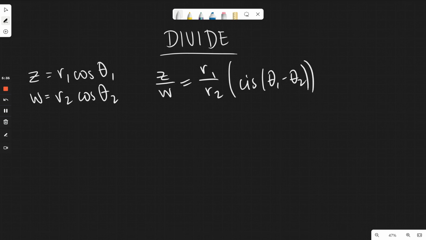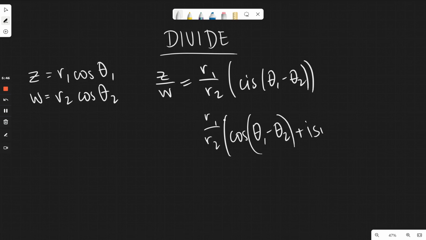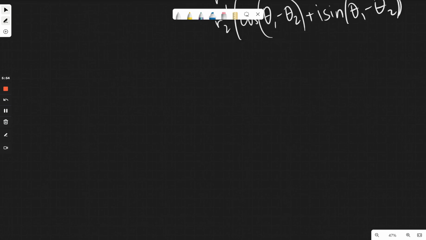And so you could also write that as r1 over r2 times the cosine of theta 1 minus theta 2 plus i sine theta 1 minus theta 2. Alright, so let's do one example of dividing these numbers.